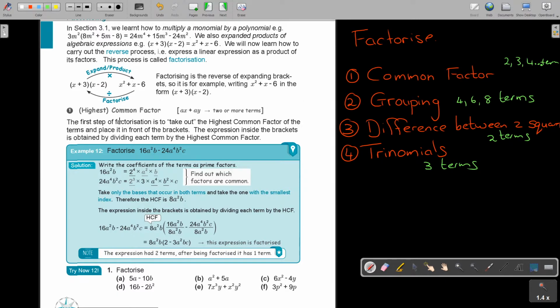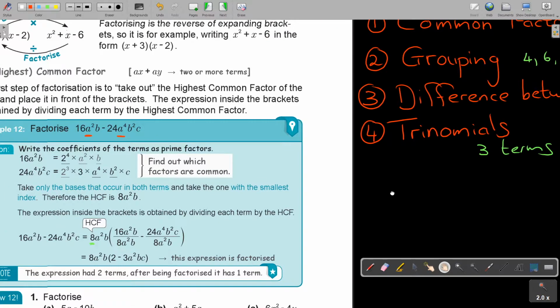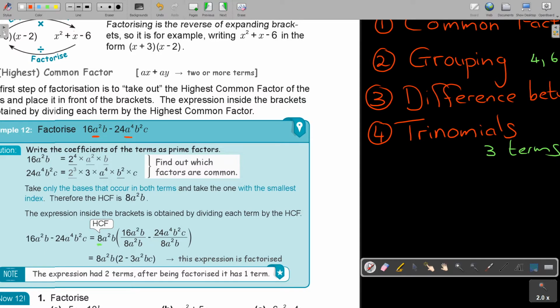But for now, common factor, it's coming also from grade 8 or 9, I think. You are looking for the biggest number that can divide into 16 and 24. And in this case, it's 8. Then I'm just saying to myself, is there an A in both? Yes. And then I take, and I want to make it a bit bigger so that you can see better, the smallest exponent, which is a 2.